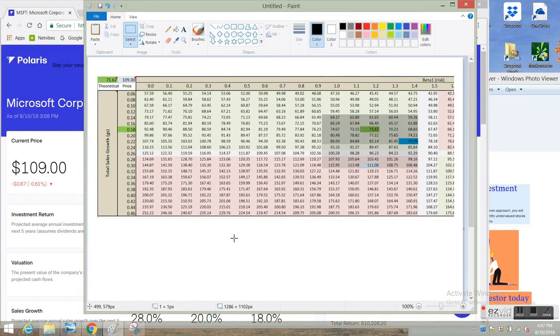So the way Polaris does that is that here in this chart, looking at Microsoft, and roughly the price that Microsoft is currently trading at, it can be mapped into the chart at this price point of about $111.08. Now, the way it got mapped into this chart is based on, for those who might know a little bit more about the financial theory of the capital asset pricing model, the risk of the stock, which is represented by beta, and the growth estimate of sales.